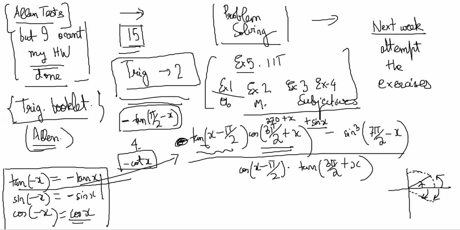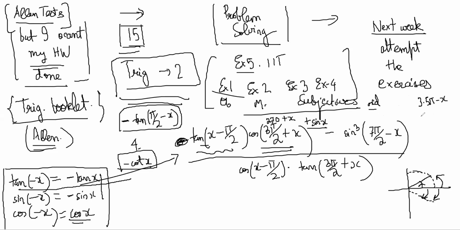This one is 7 pi by 2 minus x. Again, an odd multiple of 90 degrees. First of all, you will have to decide the quadrant. If it is 7 pi by 2, that means it is 3.5 pi minus x. So might as well remove the 2 pi from it.